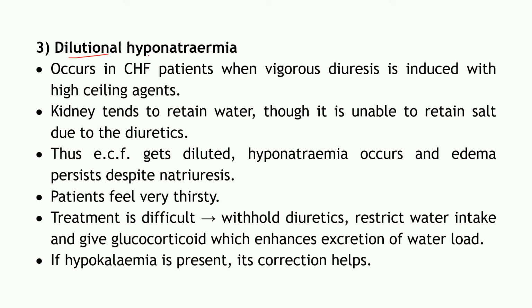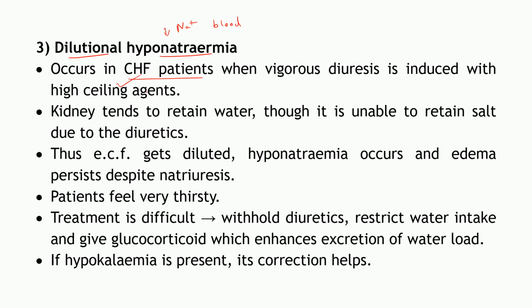Then the third complication is dilutional hyponatremia. Now what do you mean by hyponatremia? That is decrease in the sodium ions in the blood, right? Now why is this condition precipitated? Dilutional hyponatremia is mainly a complication which occurs in CHF patients, when vigorous diuresis is induced by utilizing the high-ceiling diuretics.